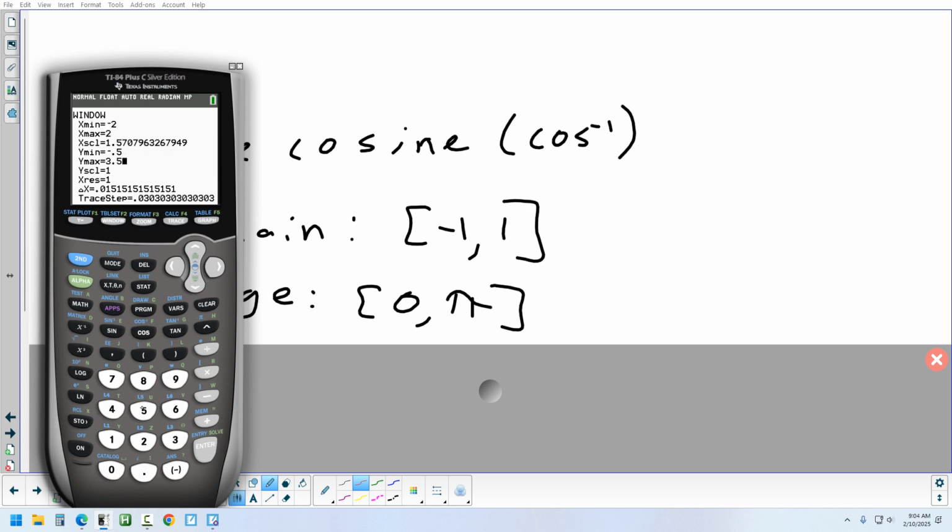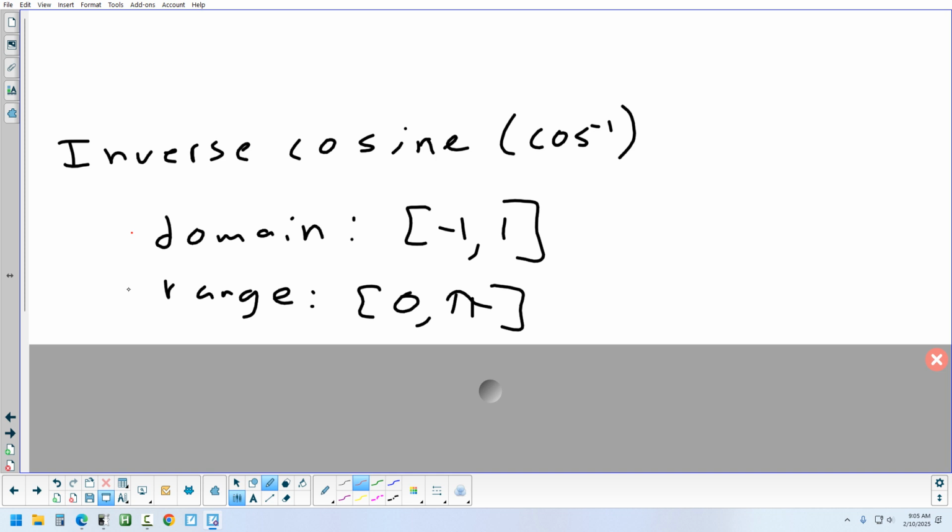So the graph of inverse cosine should fit perfectly in that window. That's inverse cosine. Any question how we came up with the domain and range for that one?